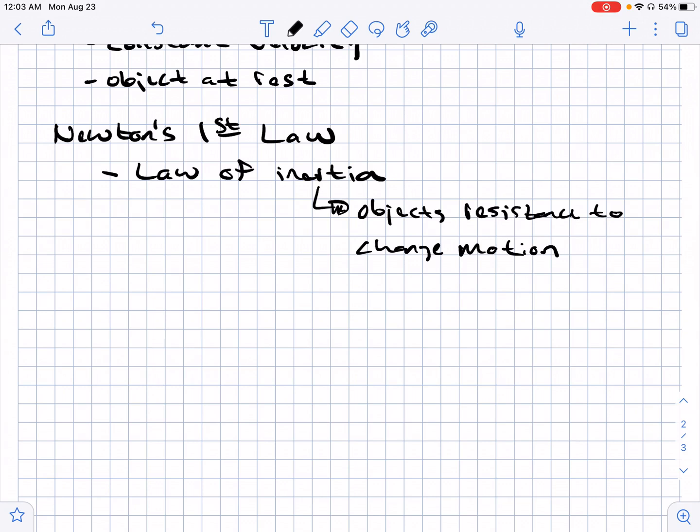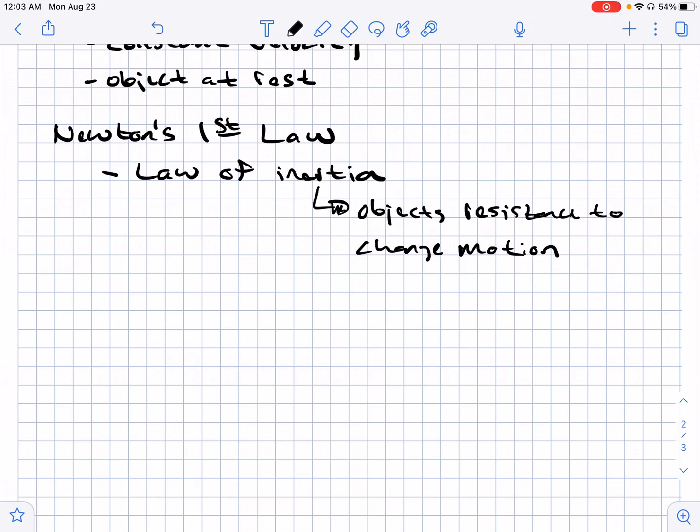So if we had a bowling ball in lab and we were rolling it down the hallway, and somebody was standing at the end and had to stop that bowling ball, and I substituted that bowling ball with a tennis ball, you ask yourself, in which situation would it be harder to stop the ball? It would be with the bowling ball because it has more mass, right? So it has more inertia. If I have a big boulder just sitting in front of me, and a small rock in front of me, in which case would it be harder to move the object?